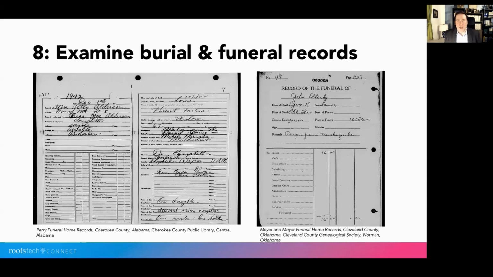It could have their birth date. It might have a list of every single relative that was in attendance or every single relative that they could identify as they were gathering items to write an obituary or a death notice. They could have details about the services, details about education and military service. So make sure that you spend some time examining burial and funeral records as part of your quest for birth, marriage, and death information.